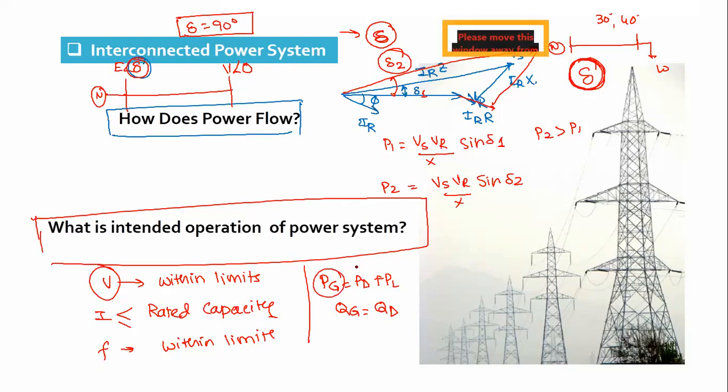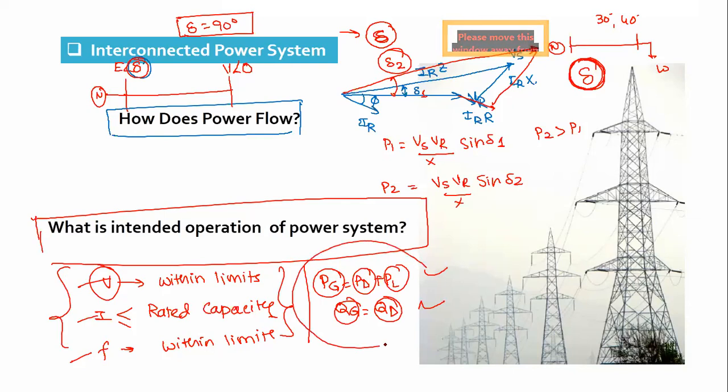Active power generation must balance the active power demand and losses, and the same way for the reactive power generation. If this happens, these things are maintained. Ultimately, there will be a problem if there is an unbalance in this. So that is the intended operation of the power system, where we want all parameters of the power system within the prescribed limits.